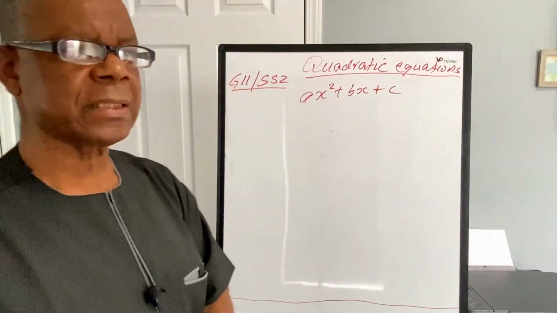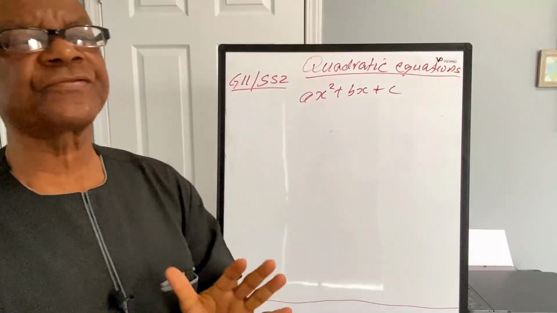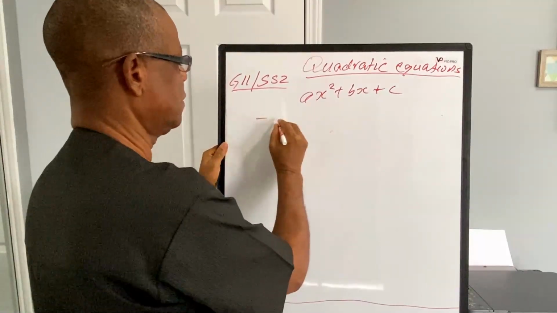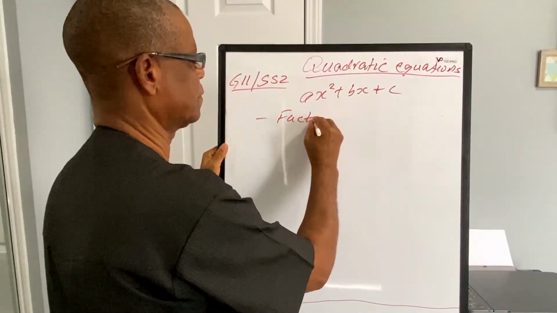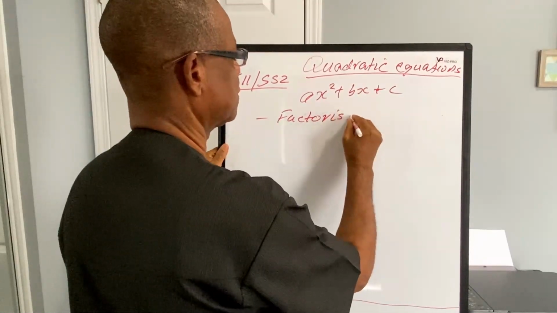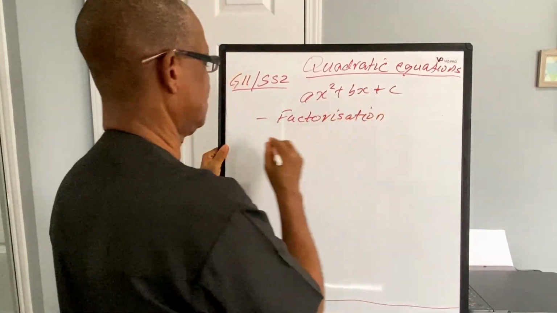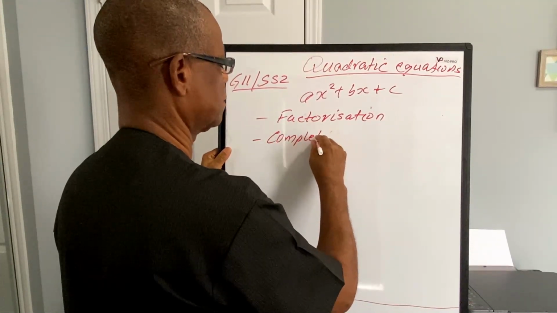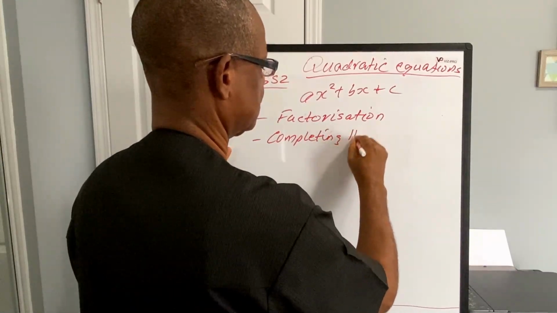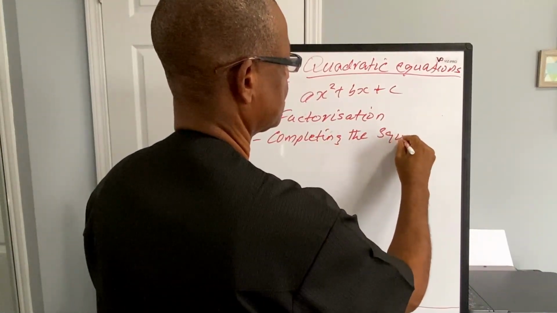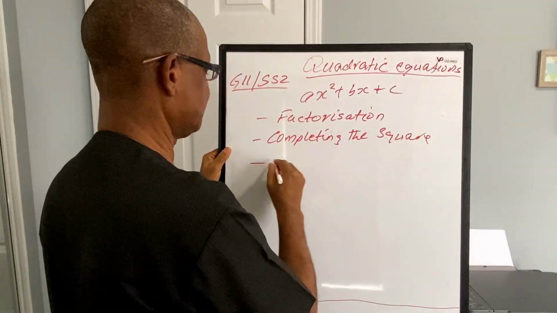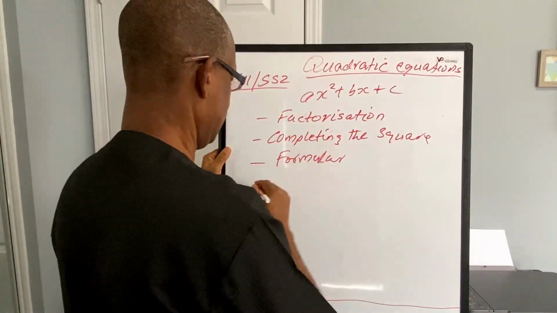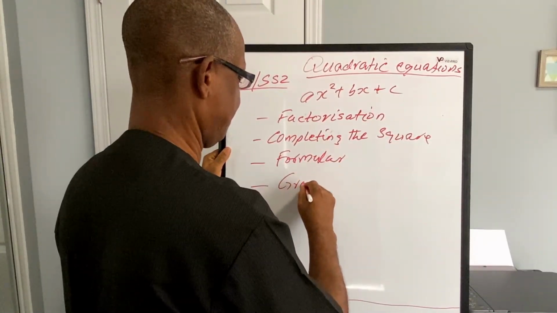So under this quadratic equation, we have different methods of solving quadratic equation, such as factorization, we also have completing the square, we have formula method, and then we also have graphical method.